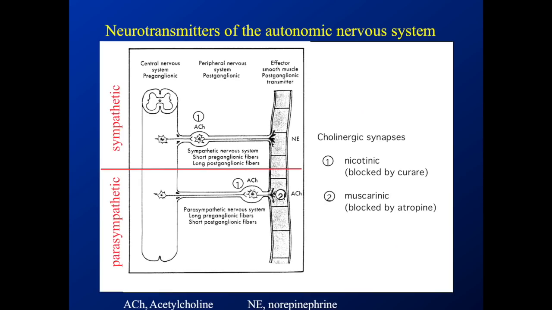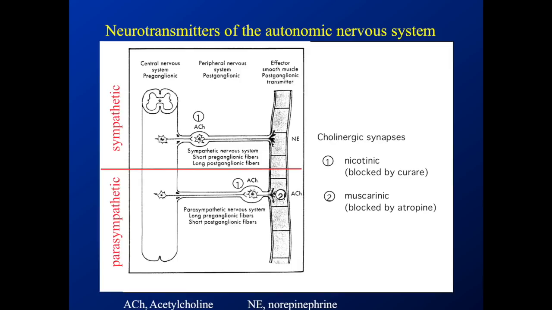So just to reiterate something you've seen in previous slides from earlier lectures, the sympathetic and parasympathetic innervation of the gastrointestinal tract is shown here in general strokes. You have sympathetic, which are short preganglionic fibers that are cholinergic in the preganglionic synapse, and then they have long postganglionic fibers that generally end with the release of norepinephrine onto adrenergic receptors.